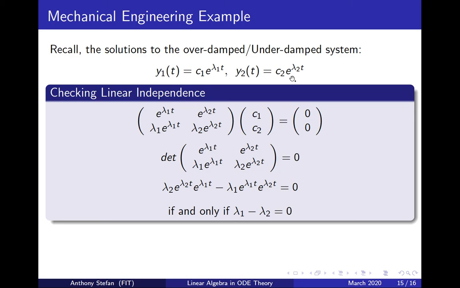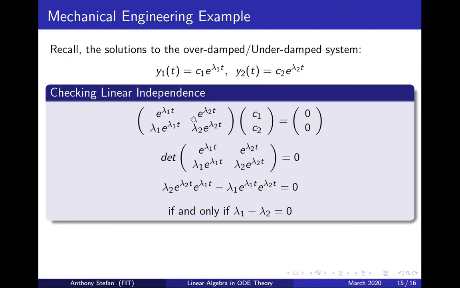If we know that linear combinations of y1 and y2 need to be equal to 0, then if we take the derivative, the combination of C1 and C2 with the derivatives of y1 and y2 is also equal to 0, and then we have a system.